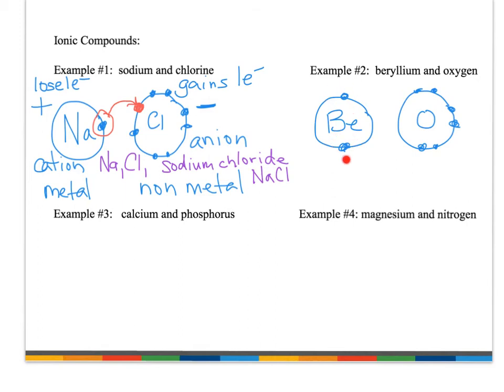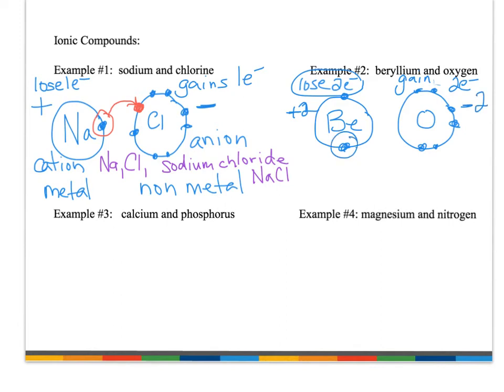So beryllium is going to lose 2 electrons. So I've written beryllium is losing 2 electrons. So that means it's going to have a charge of +2, because whenever you lose electrons, you become more positive. So beryllium now has a charge of +2, and oxygen is going to gain 2 electrons. Oxygen gains 2 electrons, so it's going to have a charge of -2.